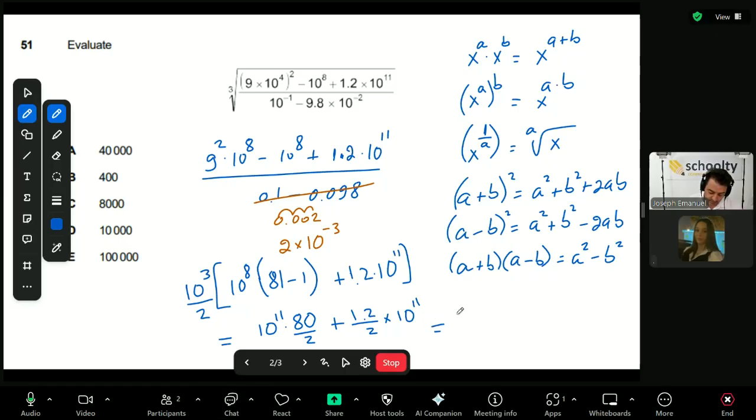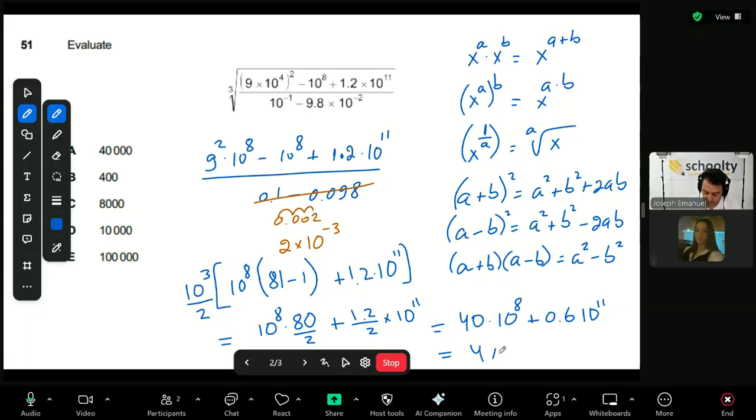Okay, so we have here 40, 10 to the power of 11, plus 0.6, 10 to the power of 11.